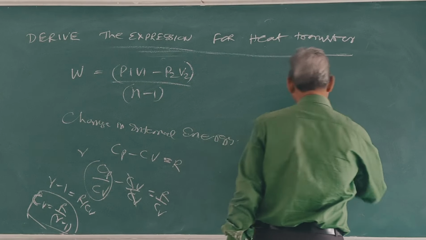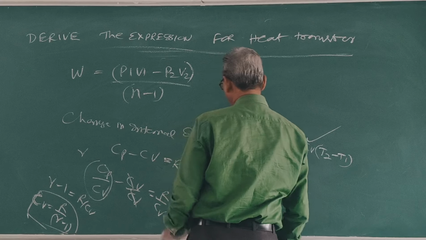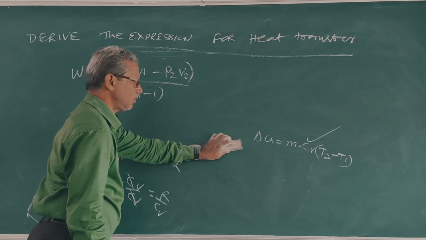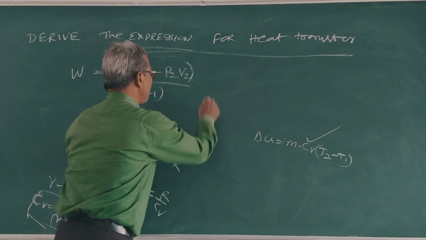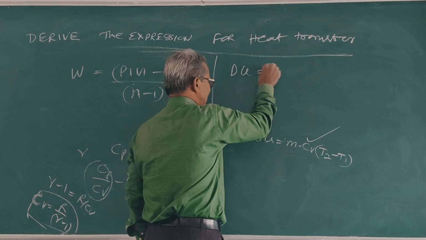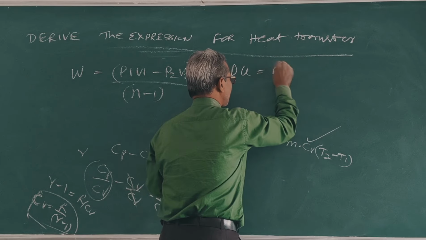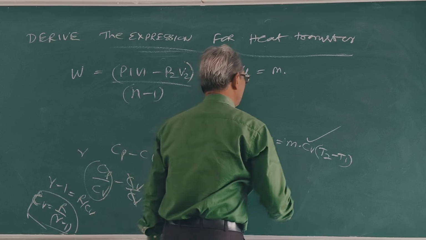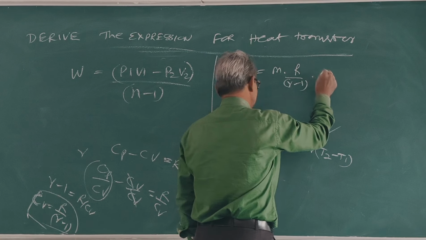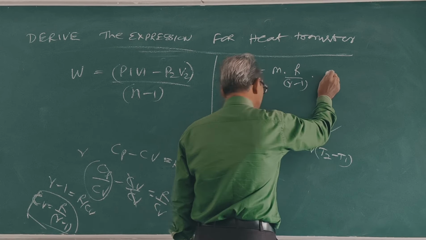So delta U is equal to m R by gamma minus 1 into (T2 minus T1).